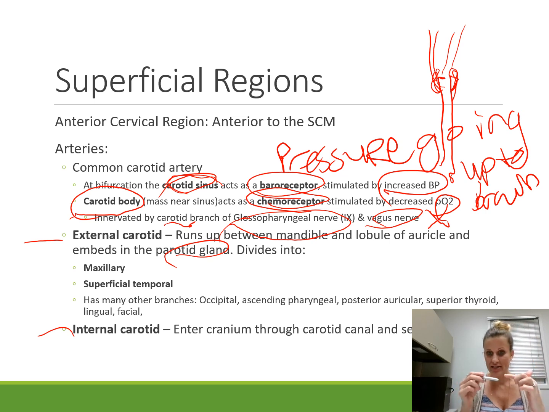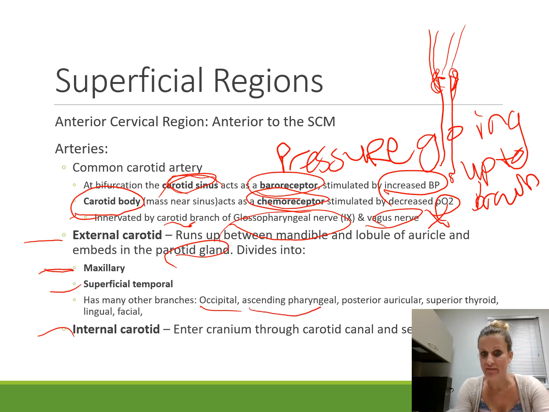At the very end of the external carotid, it divides into the maxillary artery. Okay, your maxilla, remember, is your upper jaw, and the superficial temporal artery. Your temporal bone, remember, is right here by your temple. There are numerous other branches that come before that split. The occipital artery, the occipital artery we already saw going back to the occipital region.